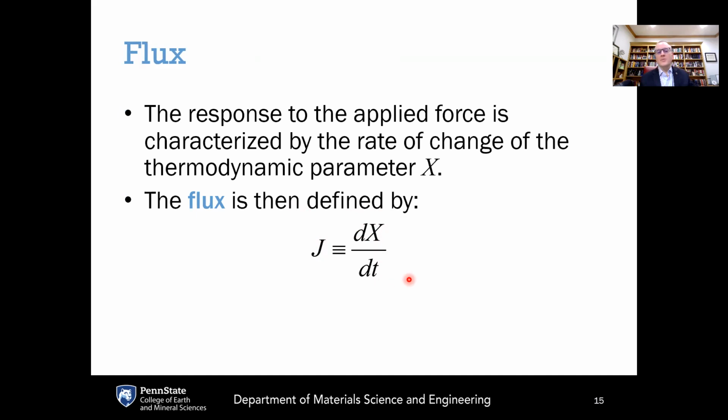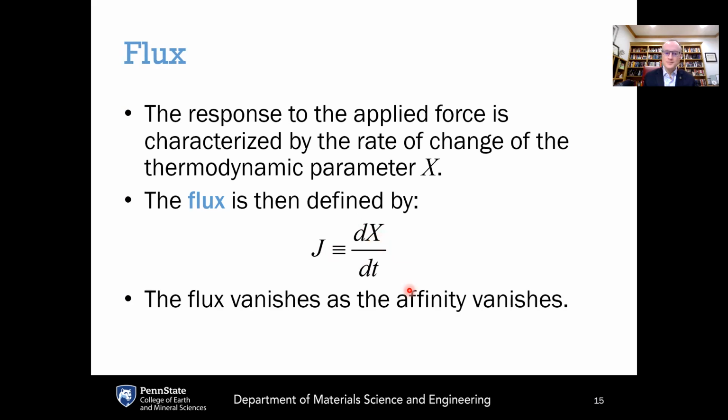Now, many of you have probably used flux as the change of something per unit area per unit time. That is a specific example of a flux. The most general definition of a flux is simply the time rate of change of any arbitrary thermodynamic parameter x. So J here is defined as the change of x with respect to time.